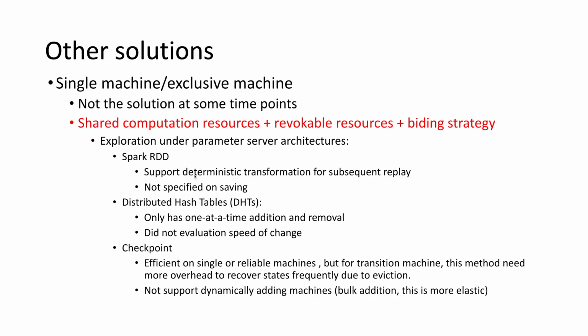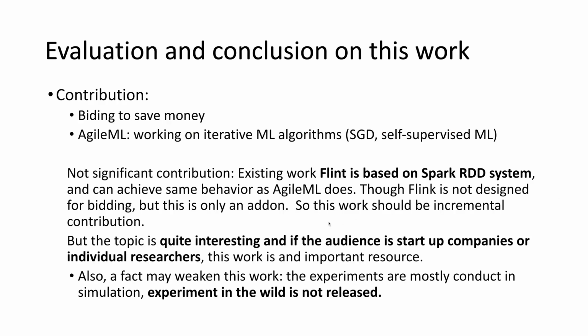And since the authors do not explore other solutions like Spark RDD, which is mentioned in the last part, this makes the work not solid enough. In conclusion, this work is trying to take a better bidding strategy to save money on shared servers and optimize the runtime and cost at the same time for machine learning algorithms.